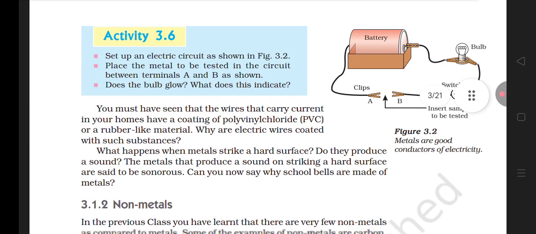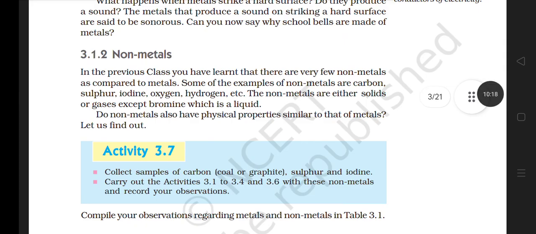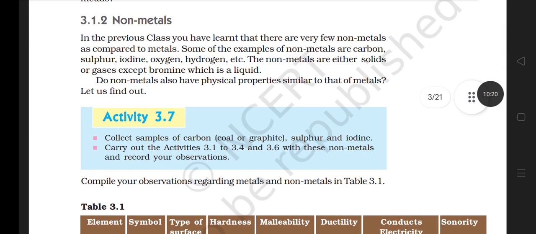So non-metals, let's come to our next topic, that is non-metals. In the previous classes, in your class 9th, 8th, 7th, 6th, you must have read that there are very few non-metals as compared to metals.